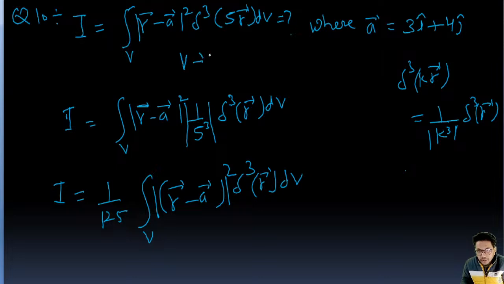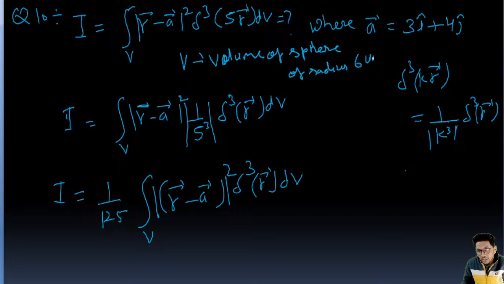V is the volume of a sphere of radius 6 units.